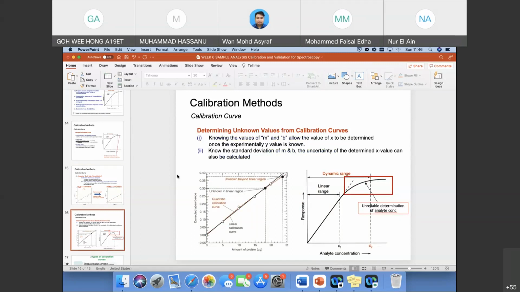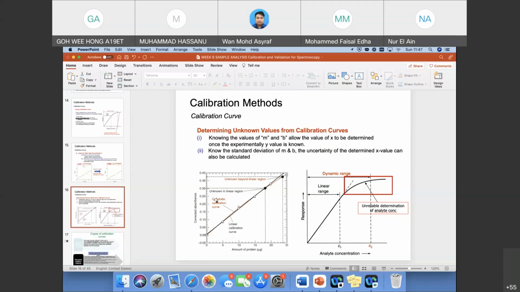So when you have done your experiments, you would get your data, your r square and also your straight line equation. From that equation, you can straight away determine the x, the concentration, given the response from your unknown.